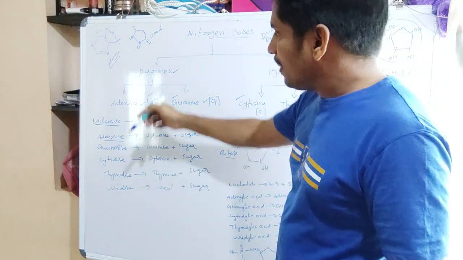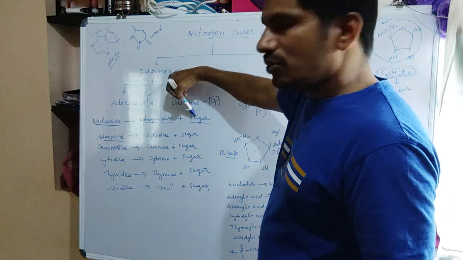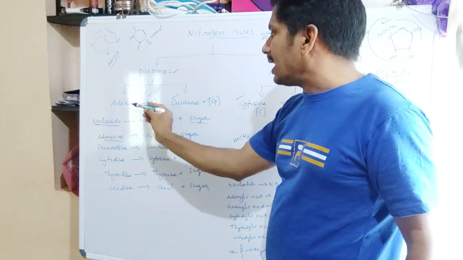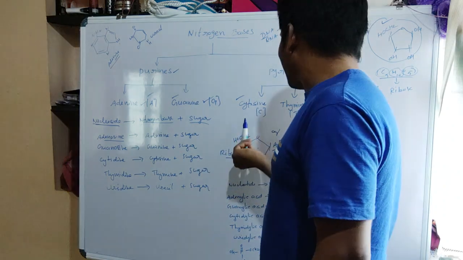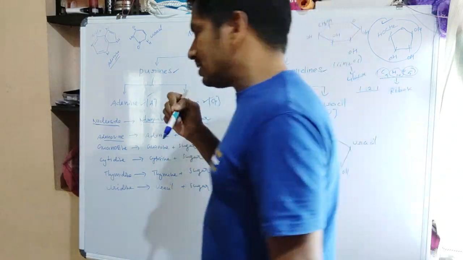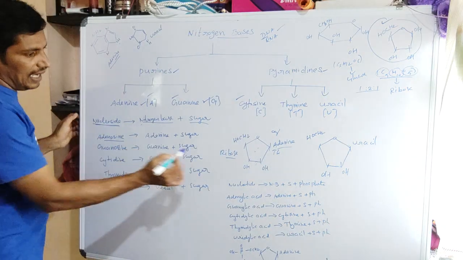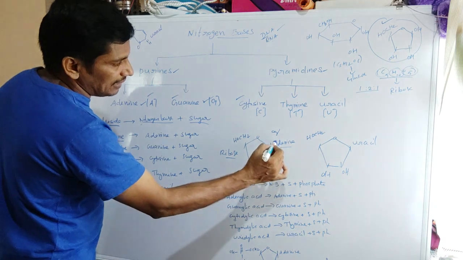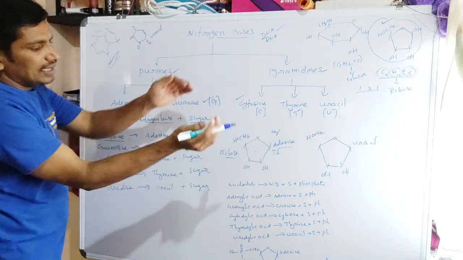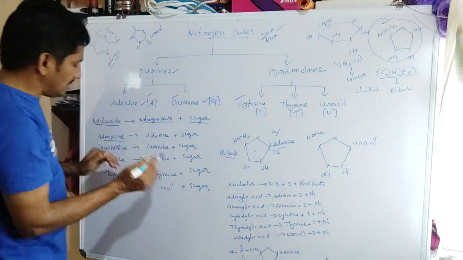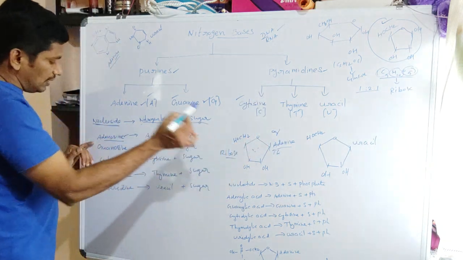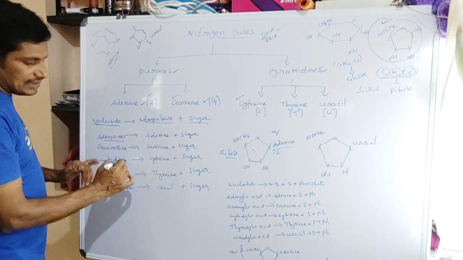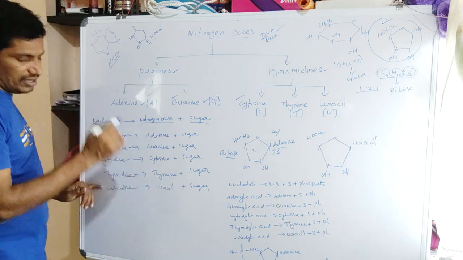Nucleosides consist of one sugar molecule, which is the ribose sugar, to which a nitrogen base is attached, which is adenine or guanine or cytosine or thymine or uracil. If ribose sugar has adenine, it is adenosine. Ribose sugar with guanine means guanosine. In the same way, respectively, cytidine, thymidine and uridine.